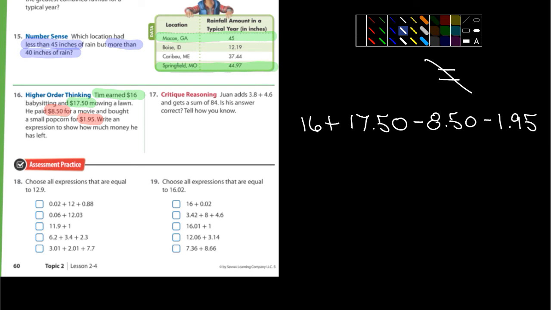All right, let me look at it again here. Tim earned, mowing the lawn. Write an expression to show how much money he has left. Yeah, that's a good point. Yeah, so when an expression does not have an equal sign, well, I'm kind of curious now.